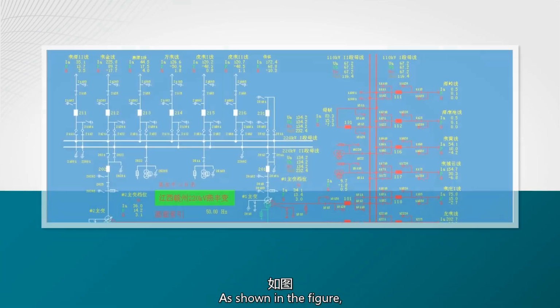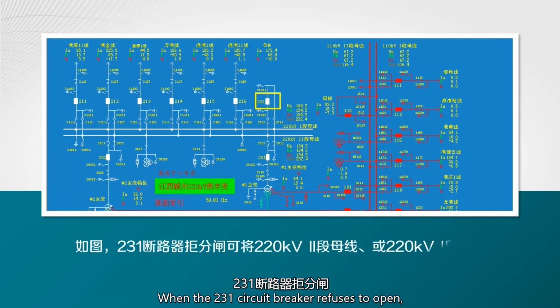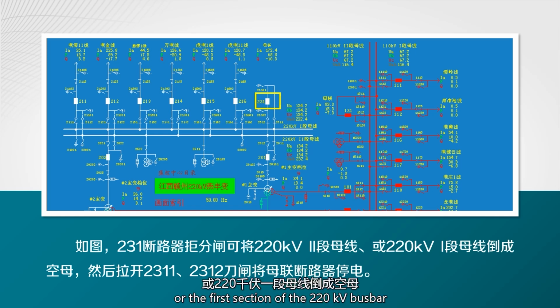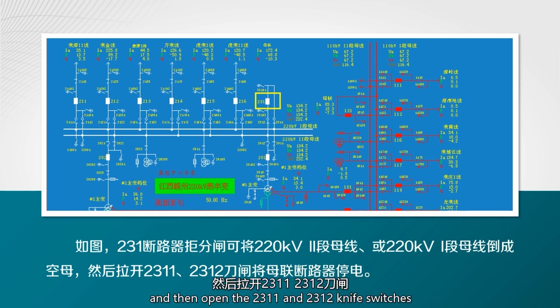As shown in the figure, when the 231 circuit breaker refuses to open, the second section of the 220 kV bus bar or the first section of the 222 kV bus bar can be reversed into an empty bus bar, and then open the 2311 and 2312 knife switches to cut off the power of the bus tie circuit breaker.